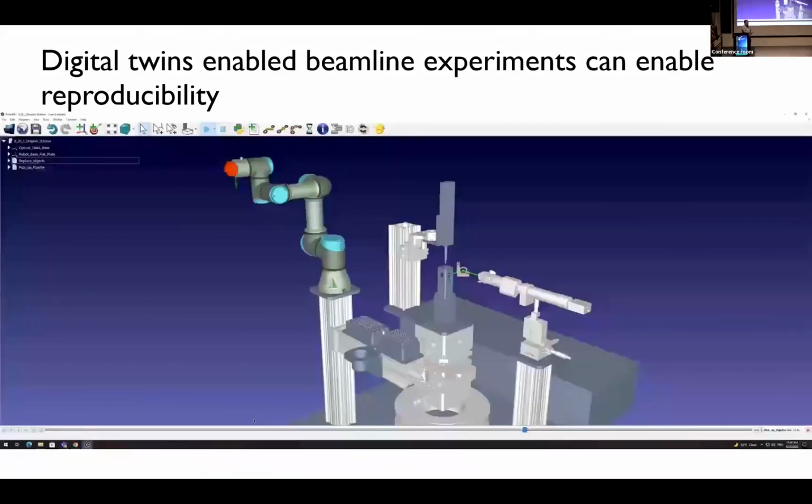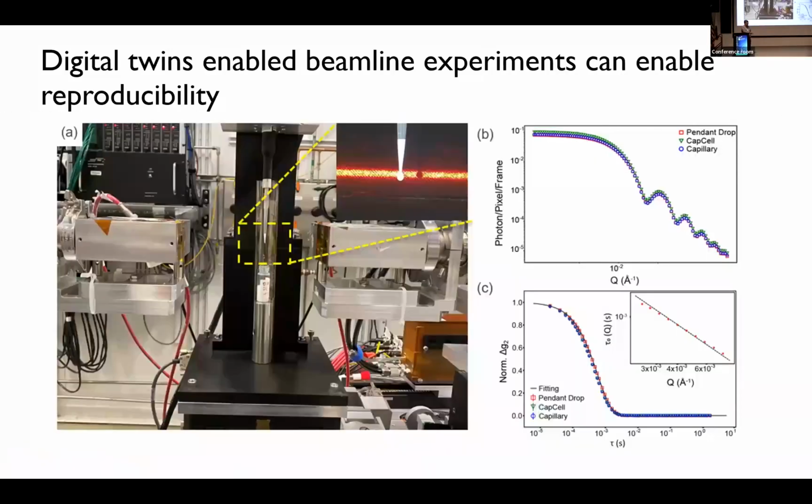I'm not going to show that. And then we also have these abilities to build digital twins that experimentally we can reproduce. Again, this is built entirely and then deployed on a beamline. So there's a functioning beamline inside of APS where we built a robotic arm and tested it out and then put it back into the beamline so that we can run the experiments. And what we wanted to see was if this pendant drop experiment that's done automatically captures what we see in a hand-done experiment.